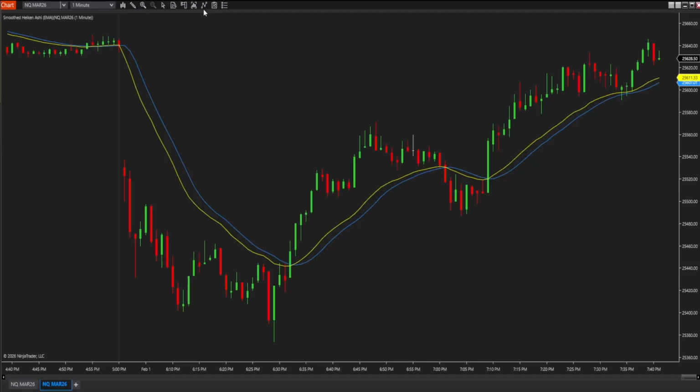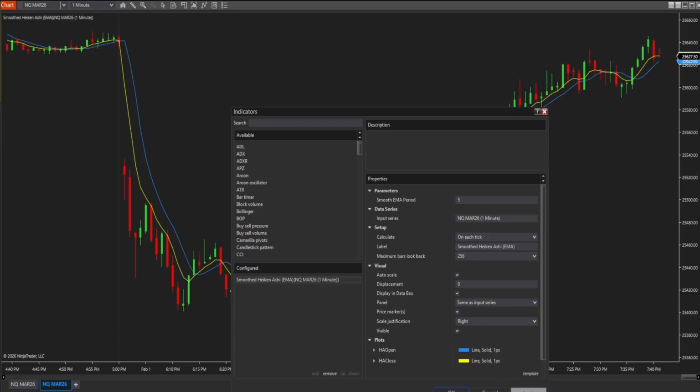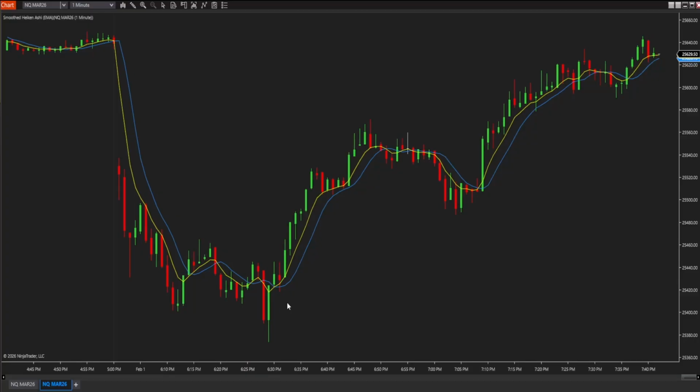It'll take the Heiken Ashi price, the current price for the 1 minute, and smooth it out with a 21 EMA. Or if you want something even more aggressive, you can go with a 5 and do something real aggressive.